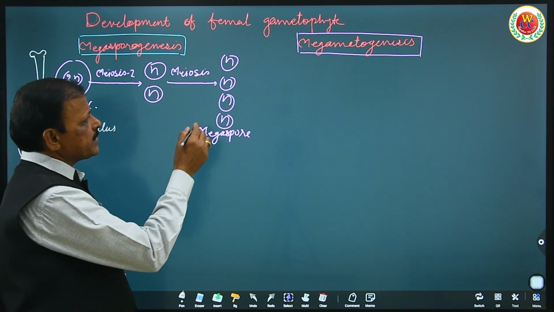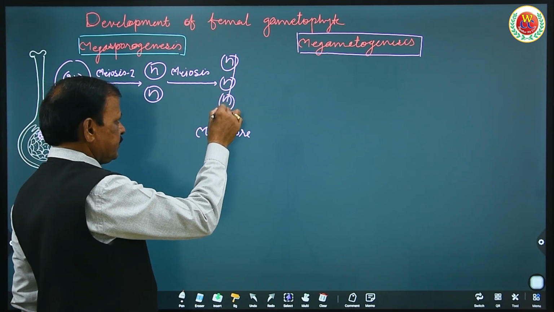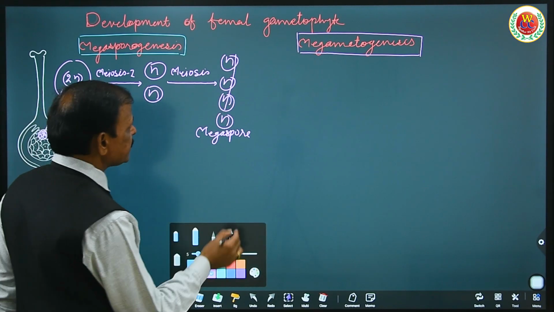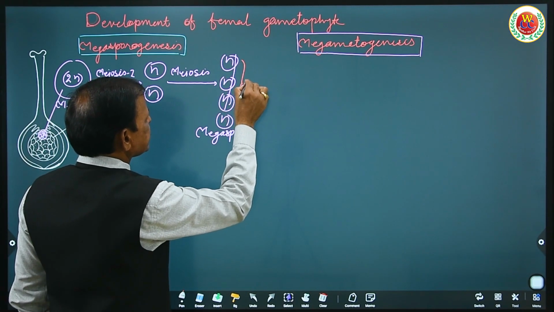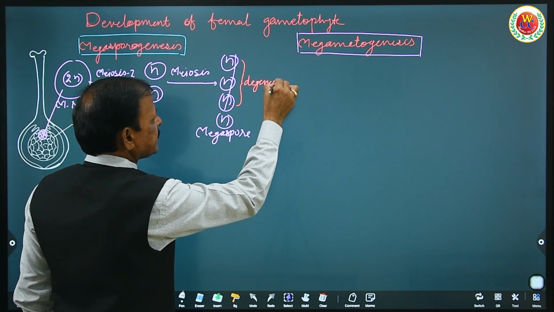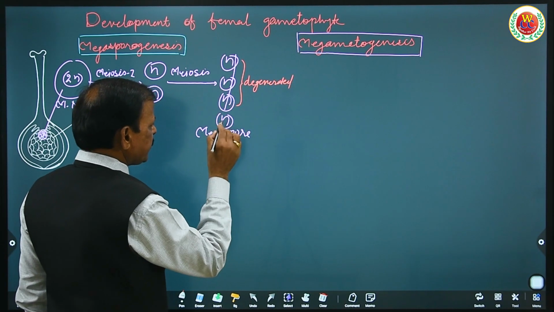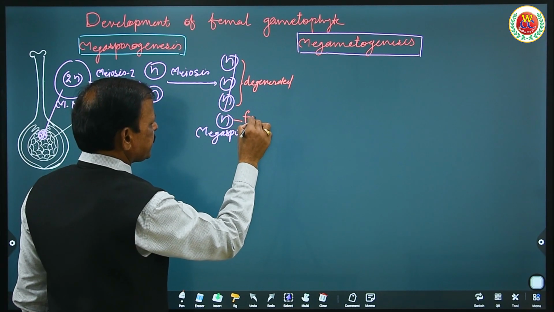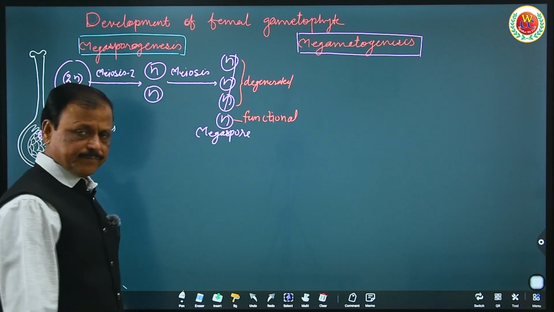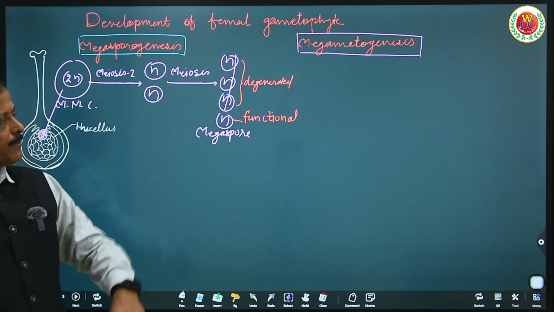Megasporogenesis. Out of these 4, 3 degenerate, or become inactive, and only one remains functional. Now the one that remains functional undergoes megagametogenesis.